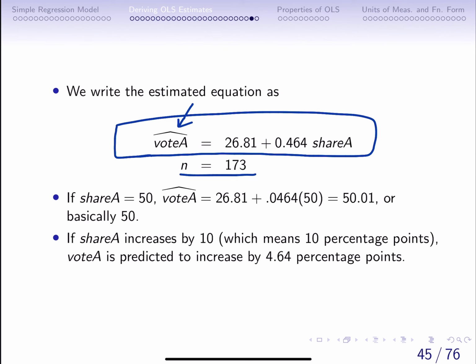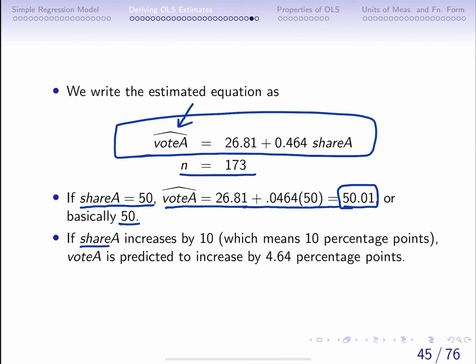So we can do some calculations. We can say, well, if shareA was 50, if candidate A gets 50% of total expenditures, then the predicted vote would be 50.01, or basically 50.